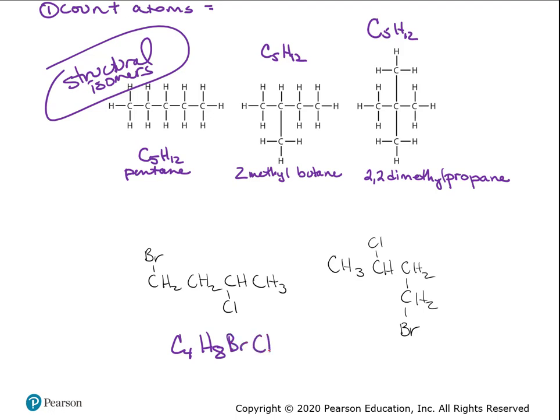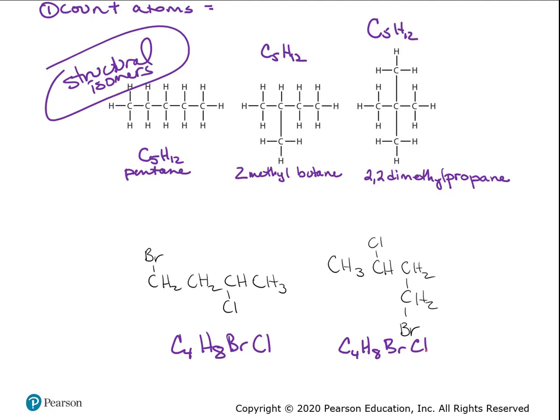Does everybody see that? So that's its formula, okay? C4H8, then a Br and a Cl. What about the second one? How many carbons? So C4, how many hydrogens? 8. And then there's also a bromine and a chlorine. Oh, so these have to be isomers. Same formula, they have to be isomers.